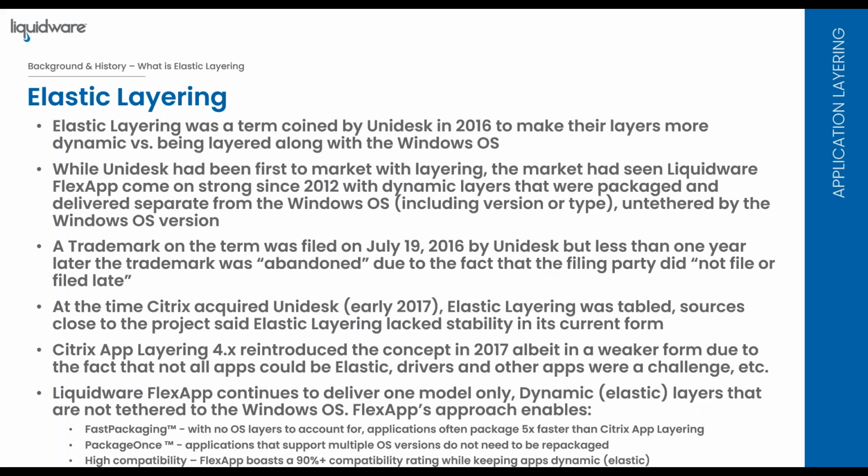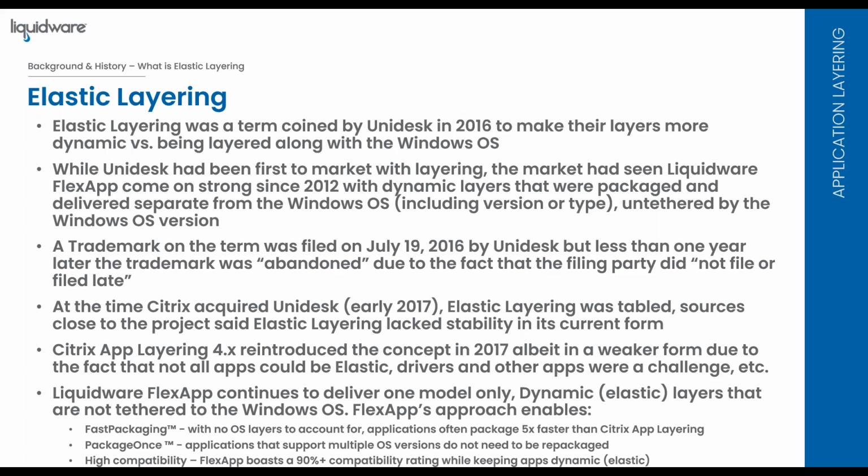Elastic layering was a term that was first coined by Unidesk in 2016 to make their application delivery layers more dynamic versus only being delivered along with the Windows OS, which they're experts at doing or had been.